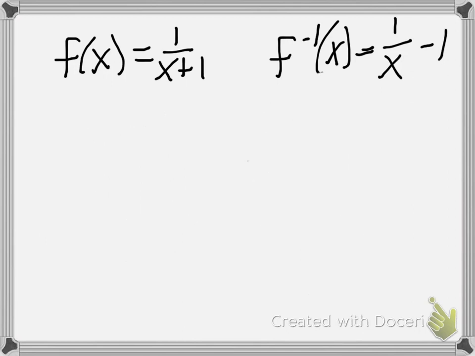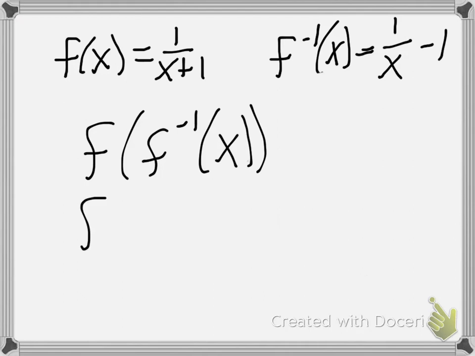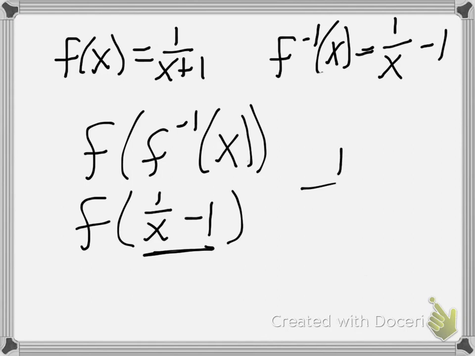So now we're going to look at f of f inverse of x. So that means my f inverse is 1 over x minus 1, and in my f function I'm going to plug this in for x. So my f function was 1 over, and in place of my x I'm going to put 1 over x minus 1, and then it still has a plus 1.